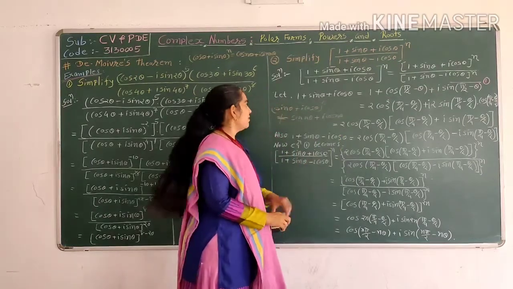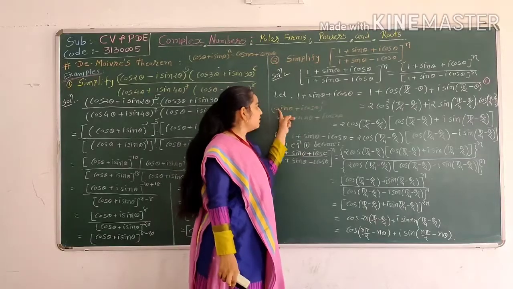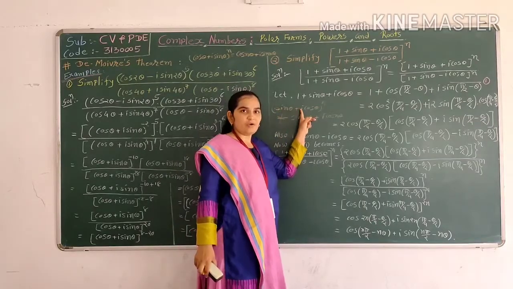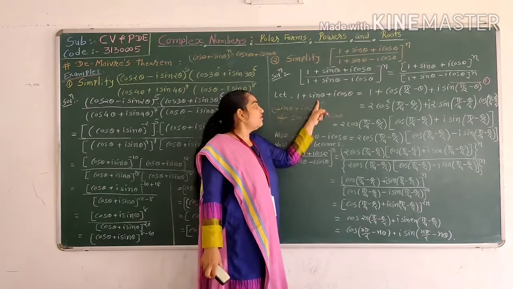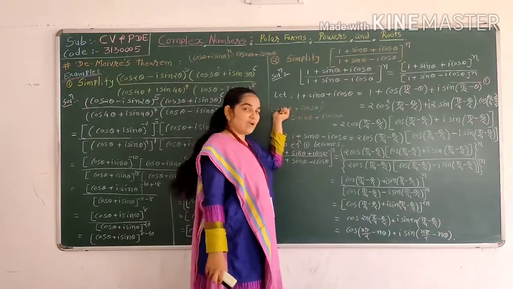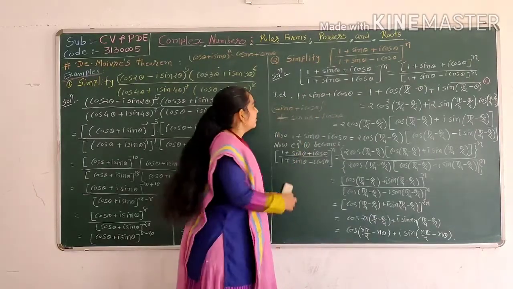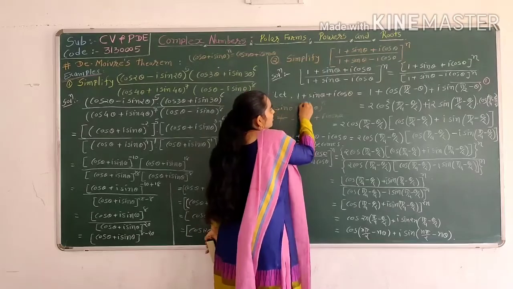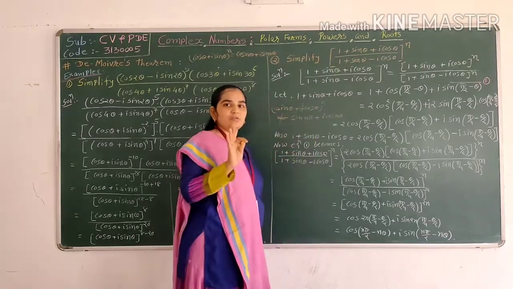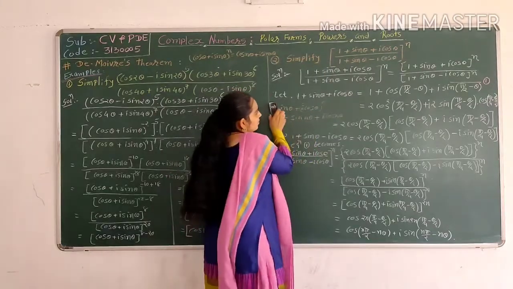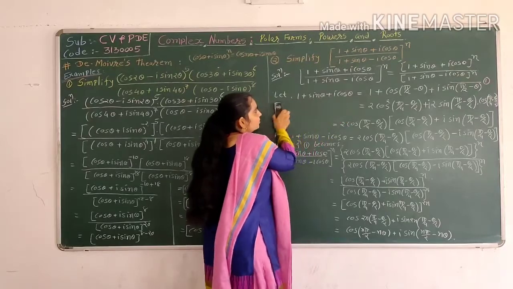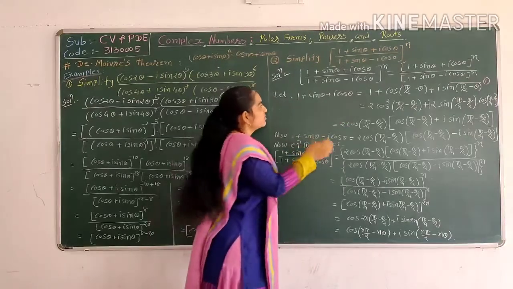Therefore, we have to convert sin θ + i cos θ raised to n. First convert sin into cos and then cos into sin. Always the multiplication of i is sin. Therefore, we have to convert sin into cos and cos into sin.